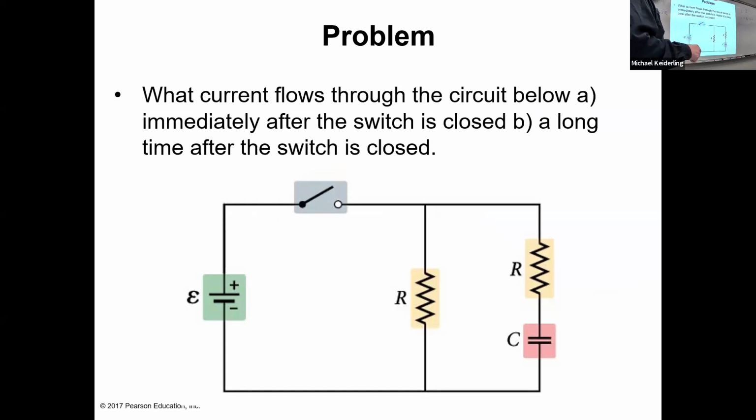Immediately after the switch is closed, the capacitor is going to act like a short circuit. And a long time after the switch is closed, the capacitor is going to act like it's open, like this wire is cut. So what do you think the current flowing through this will be immediately after the switch is closed?